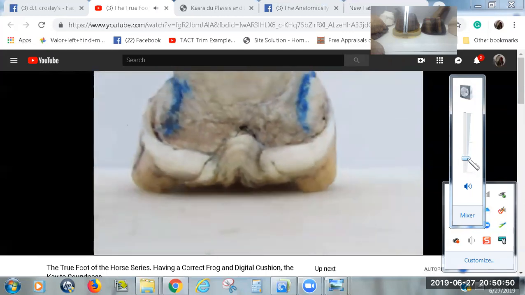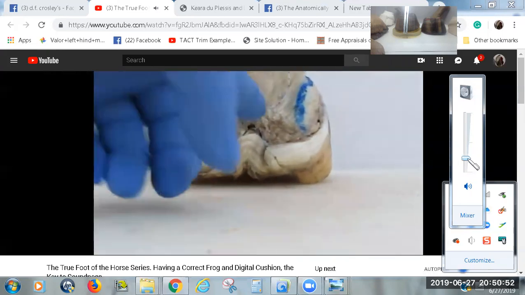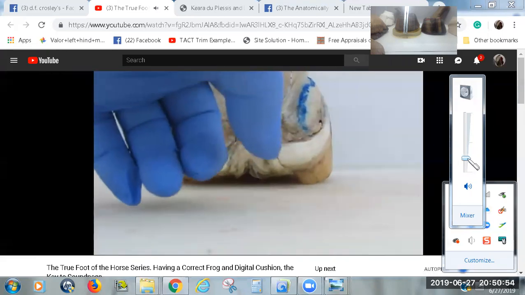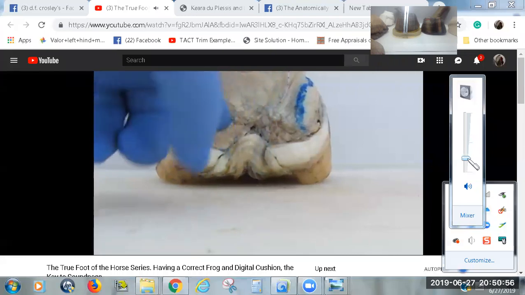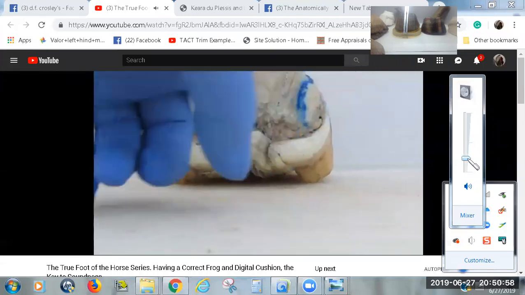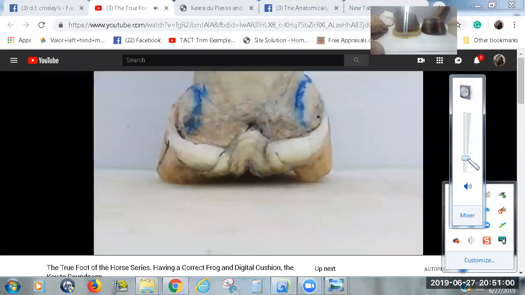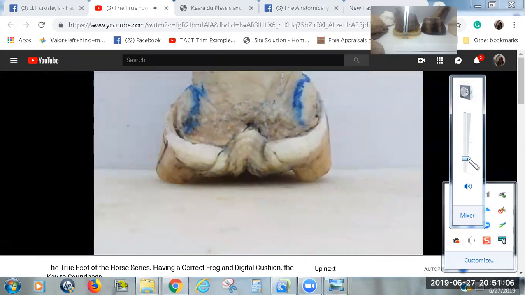Now, you have to have this frog stay here. So what you have is your digital cushion, which cushions the bulb here, and right in here it's up underneath the navicular bone and the deep digital flexor tendon, so that they have a cushion.